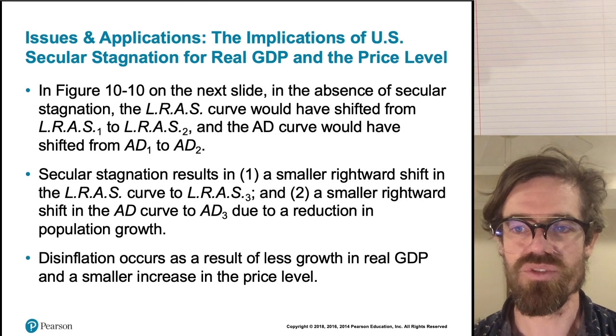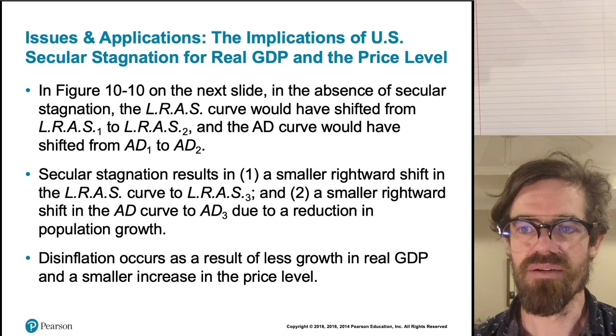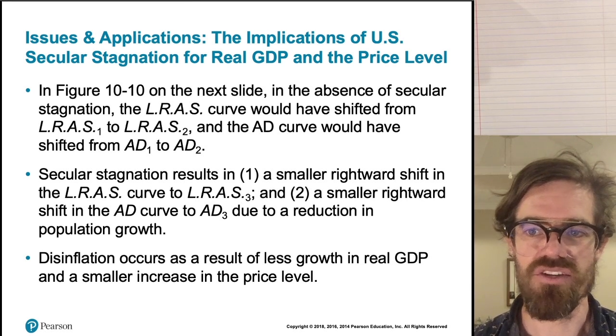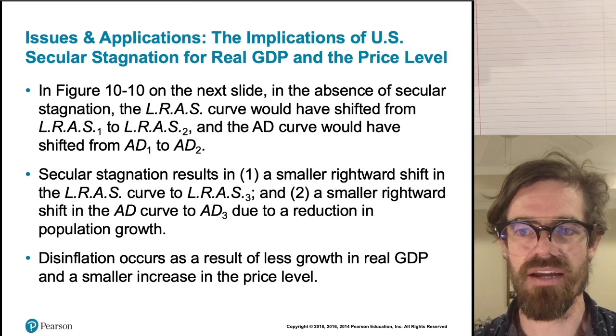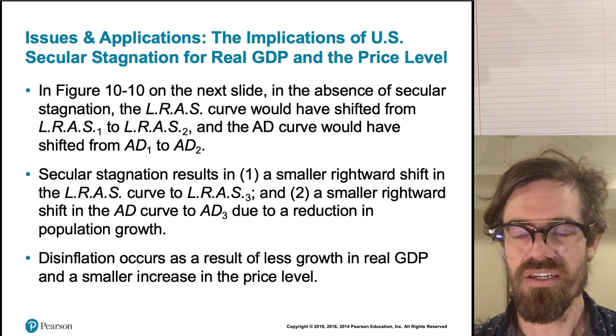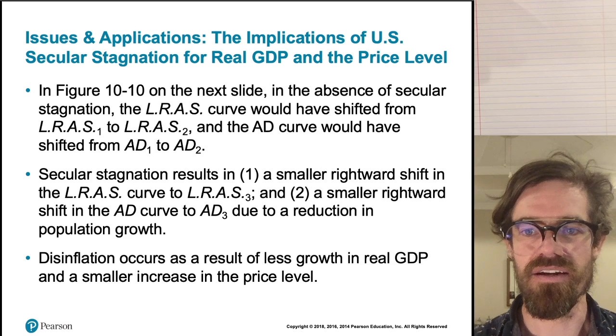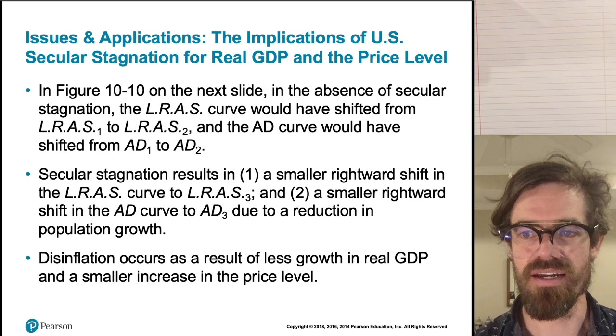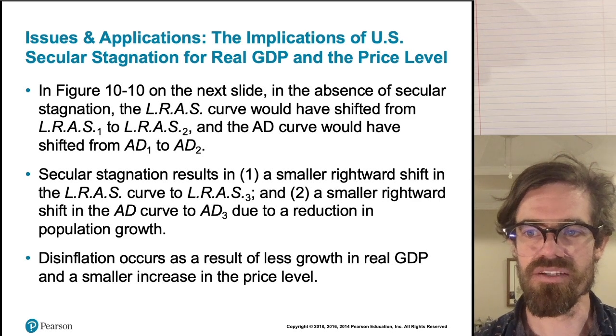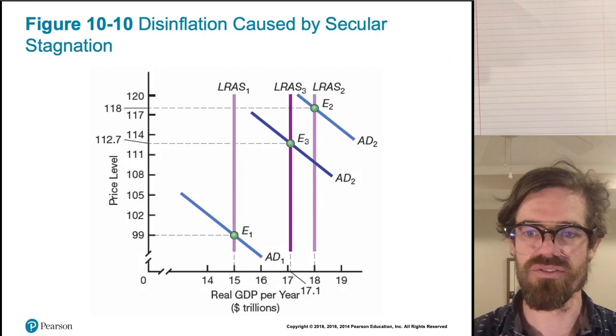So as we'll see on the next slide, in the absence of secular stagnation, the long-run aggregate supply curve would have shifted from LRAS1 to LRAS2, and the aggregate demand curve would have shifted from aggregate demand 1 to aggregate demand 2. So I'll just show you those real quick.